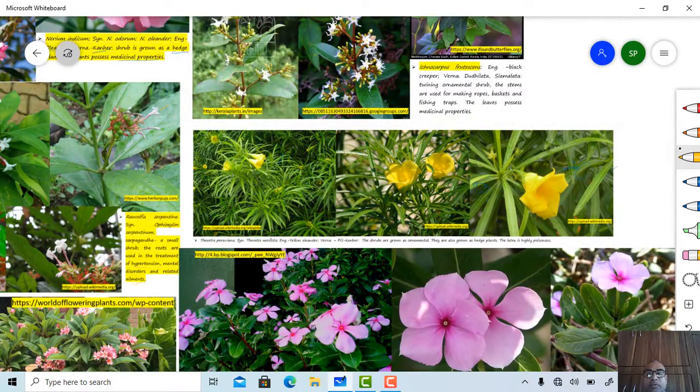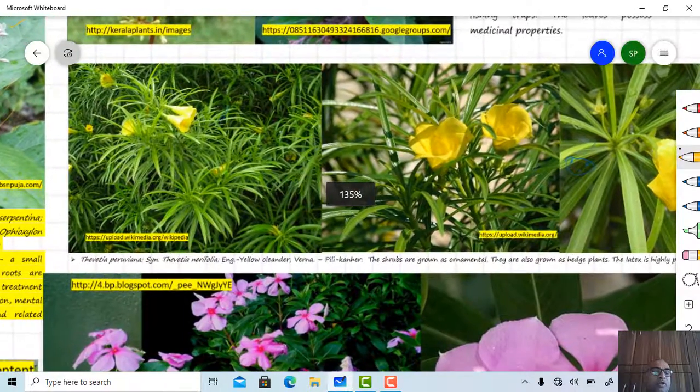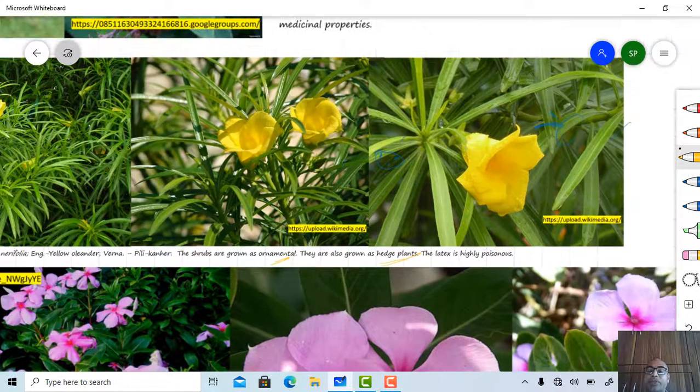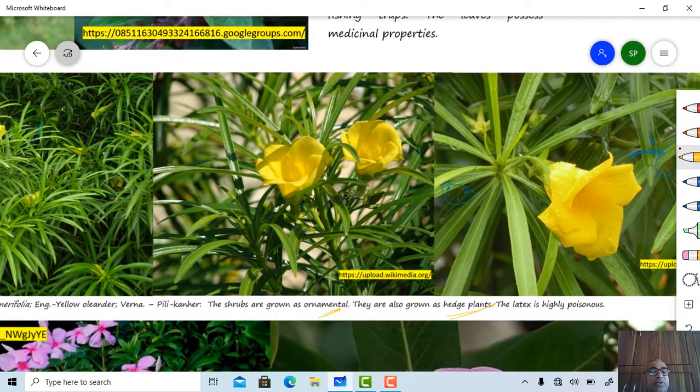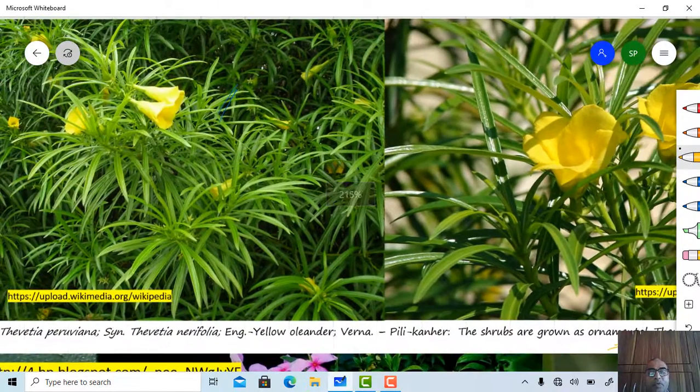Then one more plant from the same family, Thevetia peruviana or Thevetia neriifolia, the yellow oleander or pili kaner. The shrub is grown as an ornamental plant, also grown as a hedge plant. The latex is highly poisonous. Okay, so one more common plant, Thevetia neriifolia.